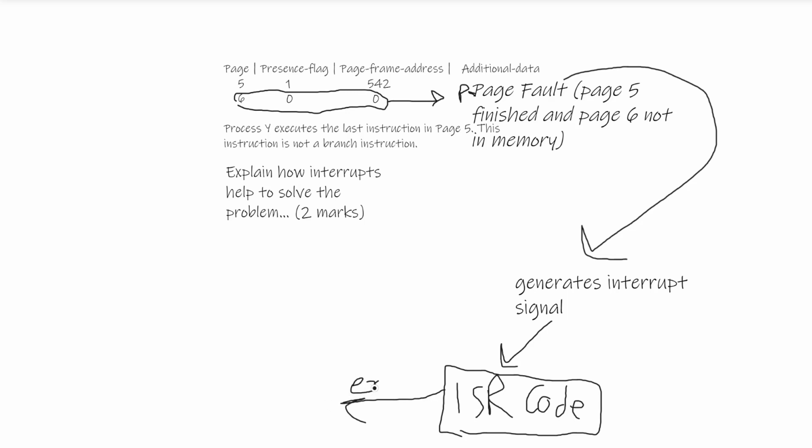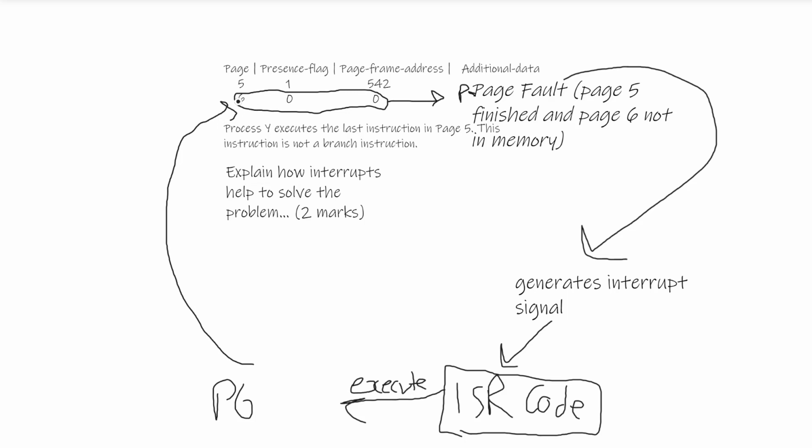So it'll work with the kernel. It'll basically enable the next page to be put into memory. So it causes the OS to load page 6 into memory. So I put P6 goes into memory.